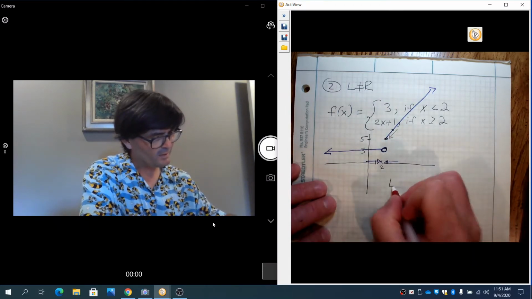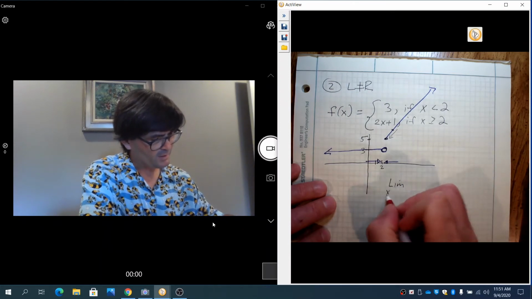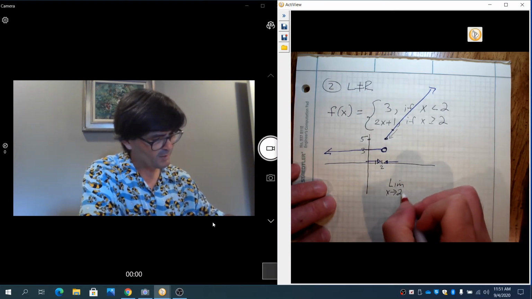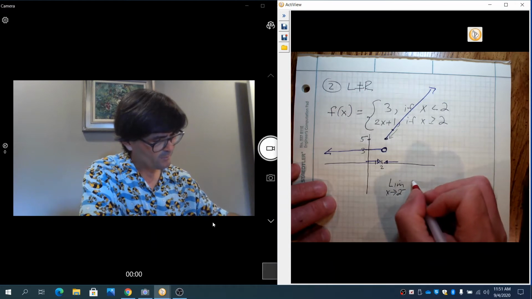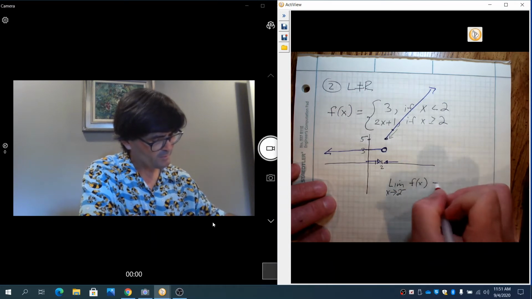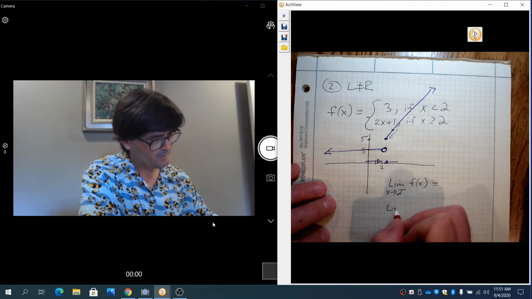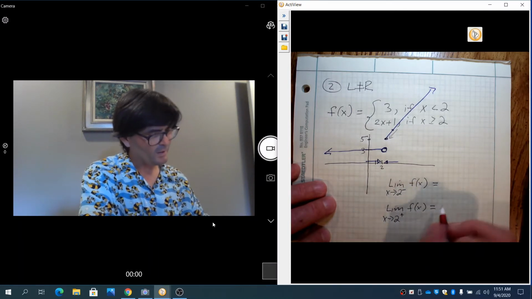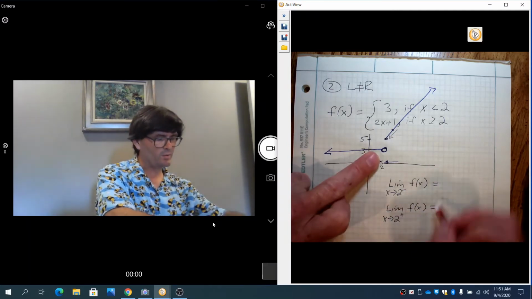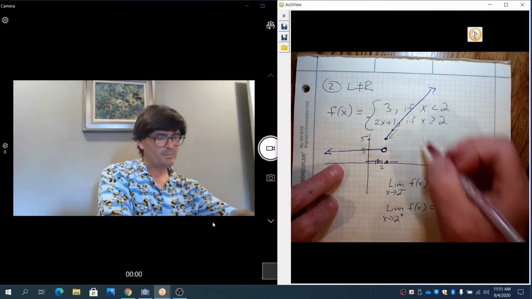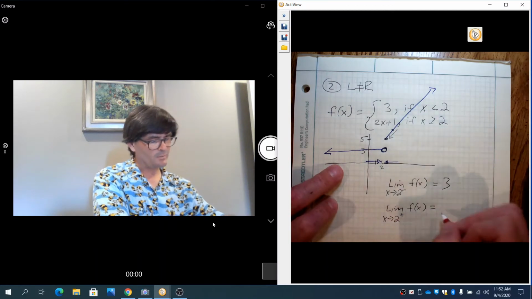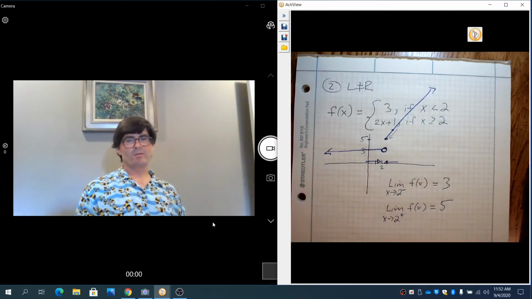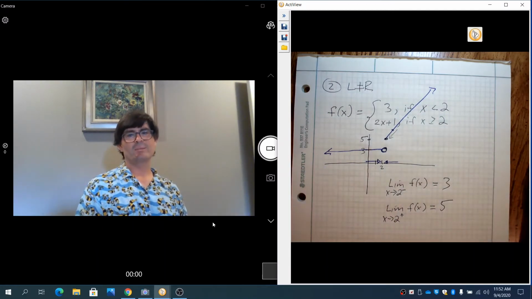So if I take the limit as x gets close to 2 from the left of f of x, and the limit as x gets close to 2 from the right, from the left my limit is 3, and from the right my limit is 5. That causes the two-sided limit not to exist because the left and the right don't match.